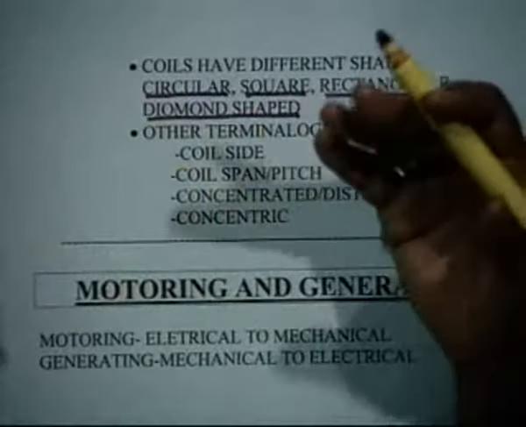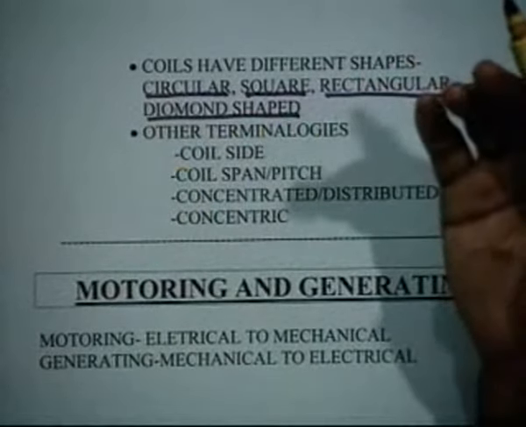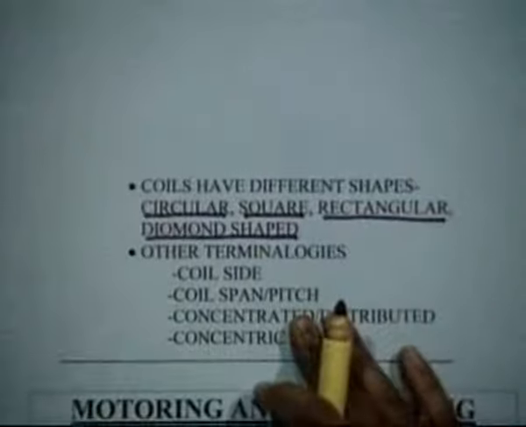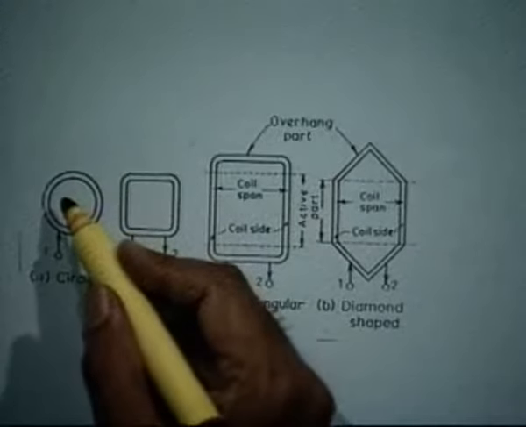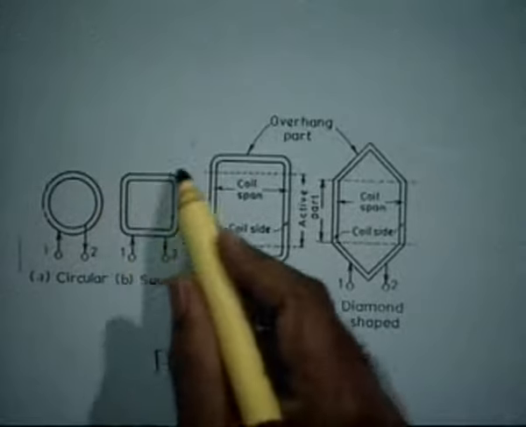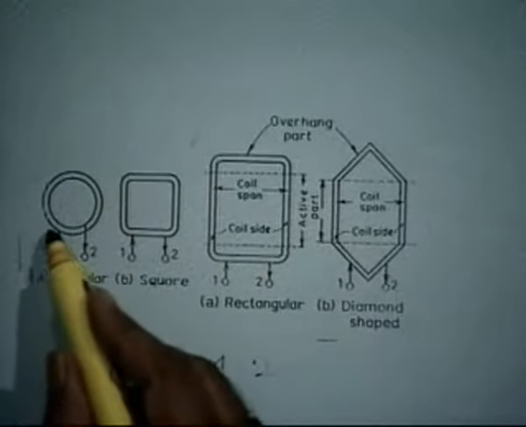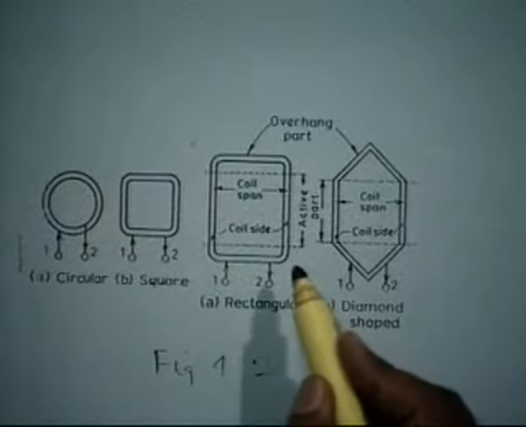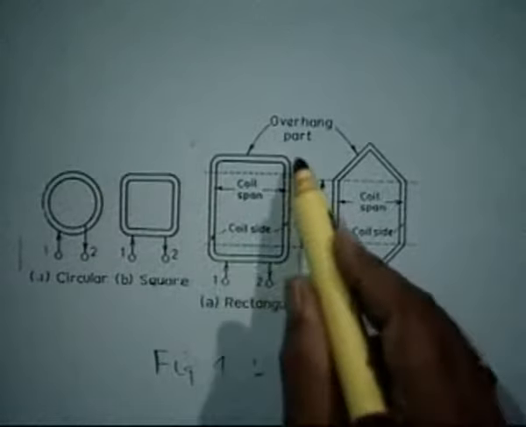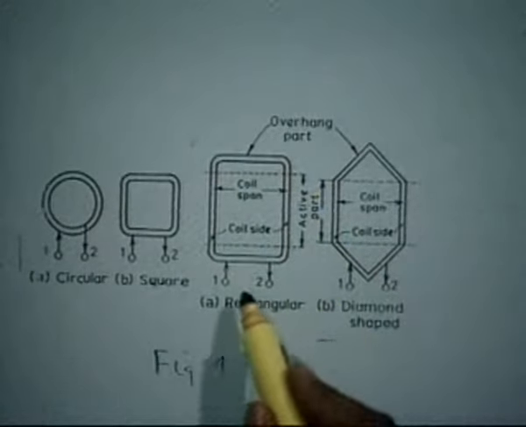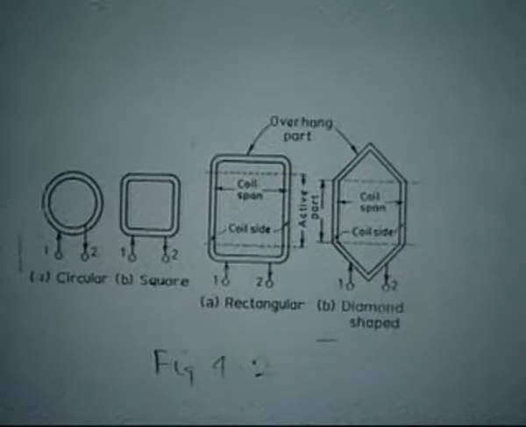So we can show it here. You can have a coil which is circular, which can be placed on a core, or a square coil, meaning current going in and coming out. And then you can have a rectangular coil or a diamond-shaped coil.